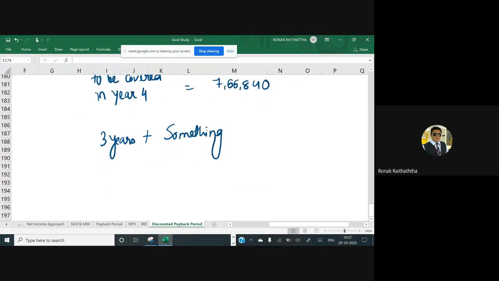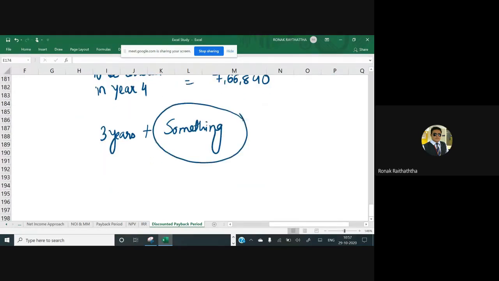Sir, how this something can be found? If you can recall this further, we had done it in the payback period. Now this something is like, if we want to cover, just a minute, just a second.